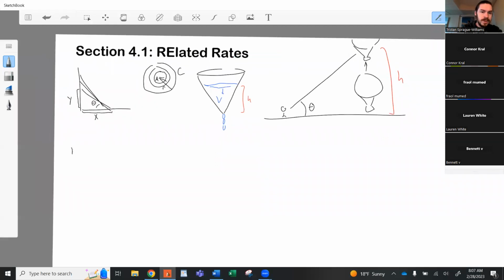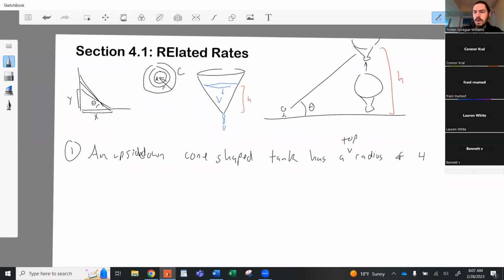So first, an upside down cone-shaped tank of water has a top radius of, let's say, 4 feet.